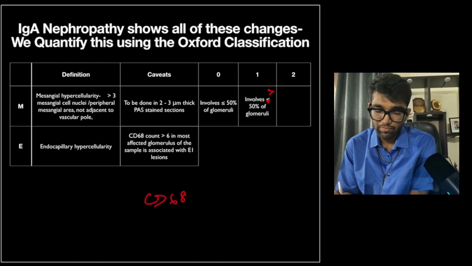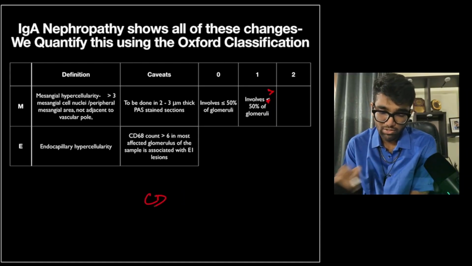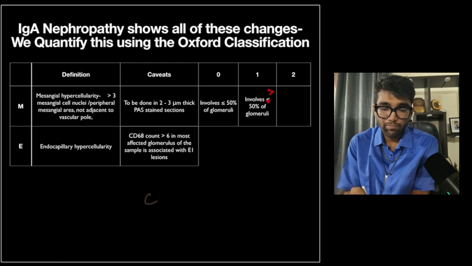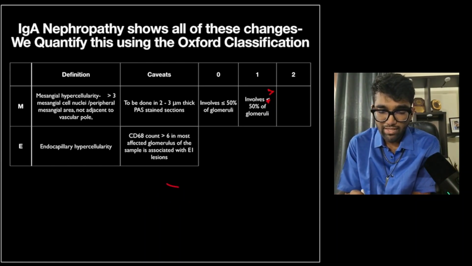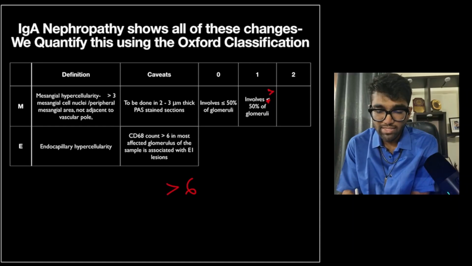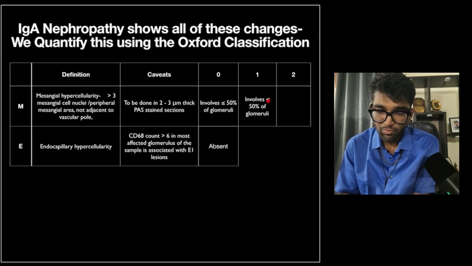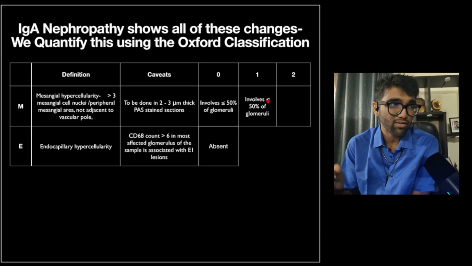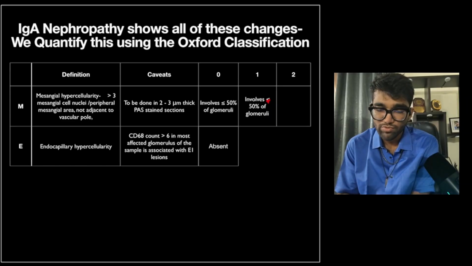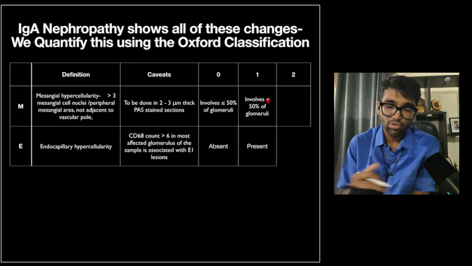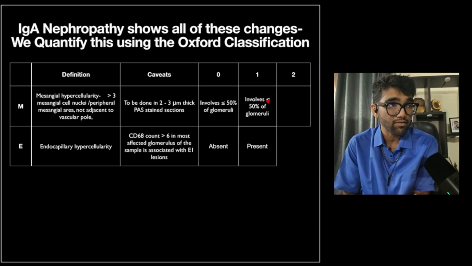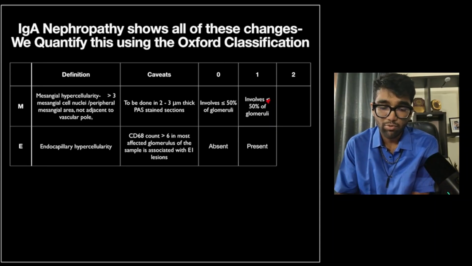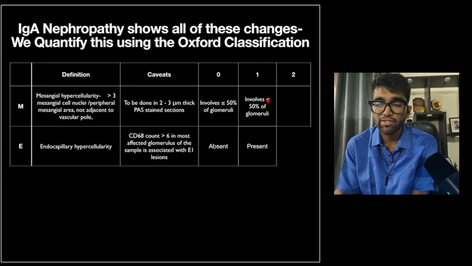So immunohistochemistry and not immunofluorescence, like we were discussing just previously. This is more than 6 cells that are positive for CD68 present in the affected glomerulus. If it is less than or equal to 5, then you would give a score of 0. If there are more than 6 CD68 positive cells within a glomerulus, then you give it a score of 1.